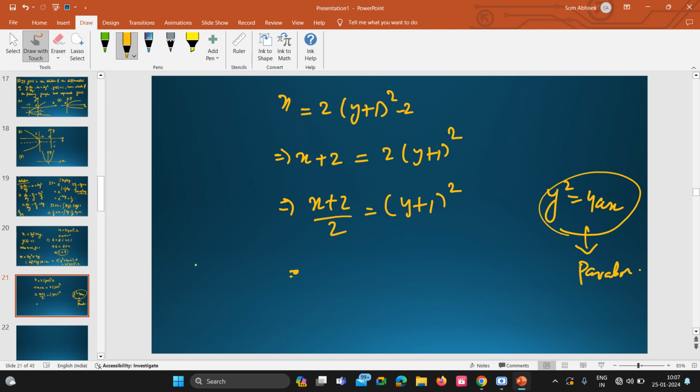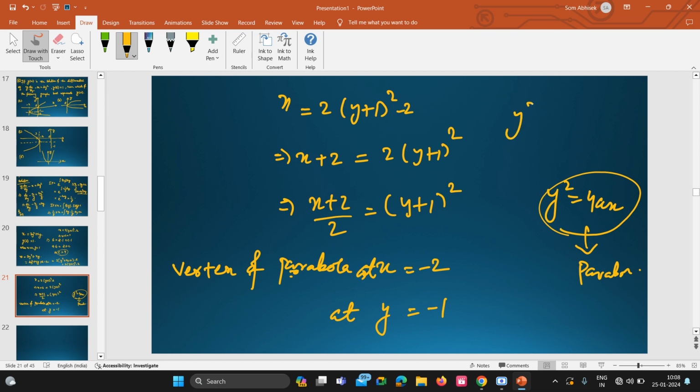But here the vertex of the parabola is at x is minus 2 and y is minus 1. So here you can see this equation is symmetric about y is equal to minus 1.